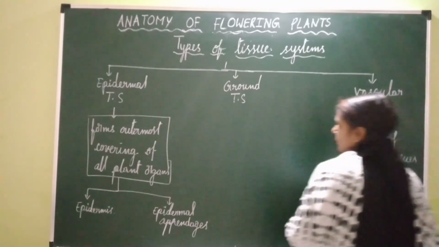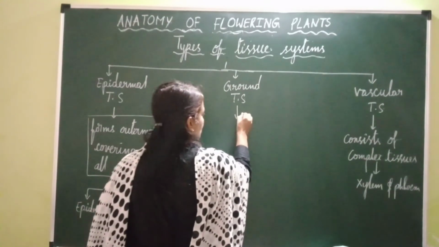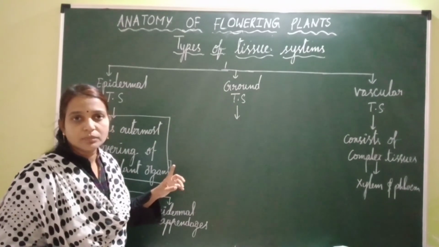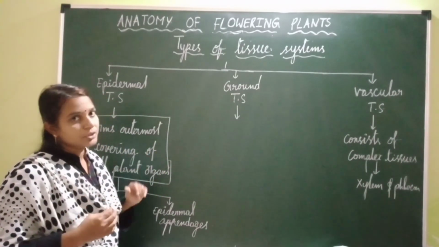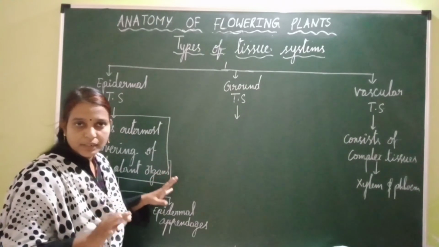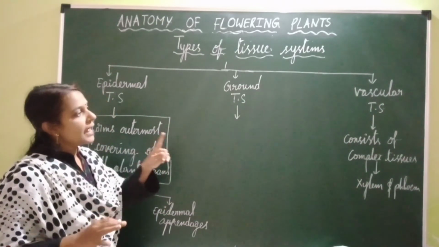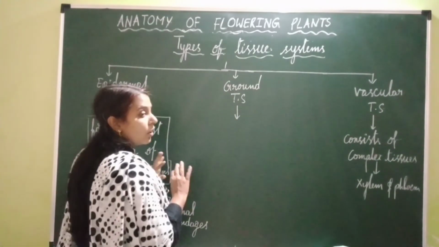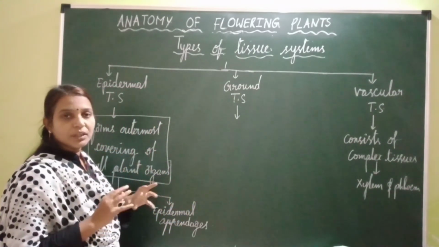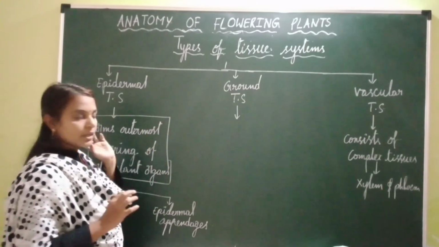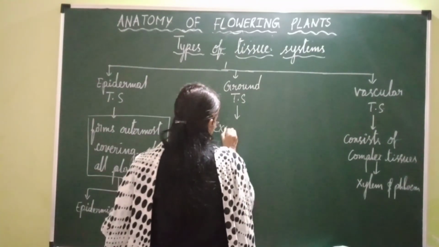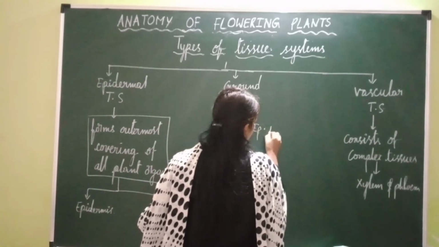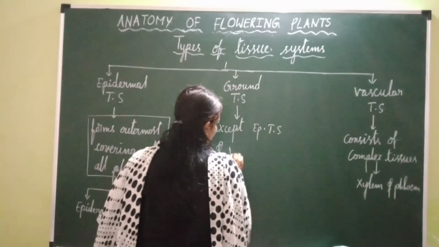Okay, so ground tissue system. So all other tissues present in plant body except epidermal tissue system and vascular tissue system together constitute the ground tissue system.